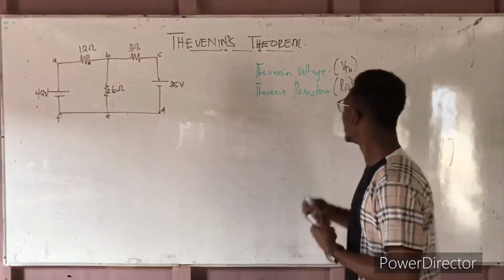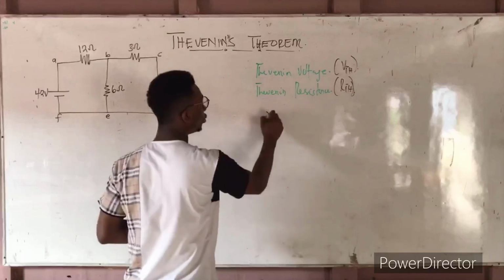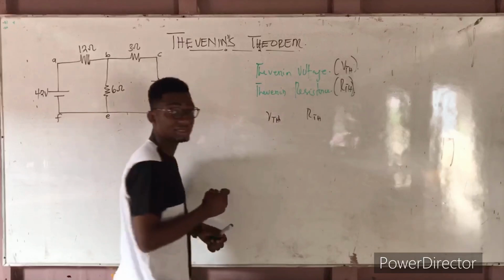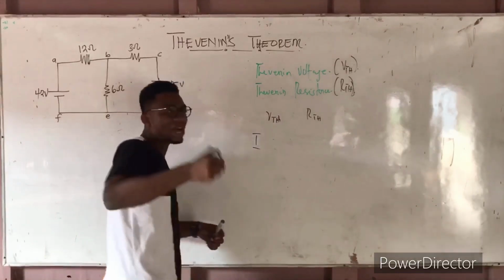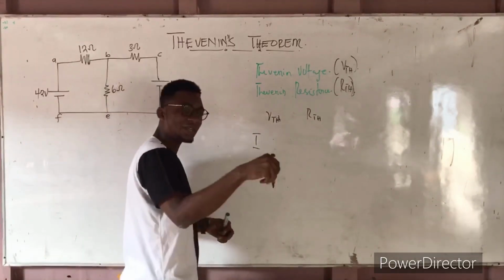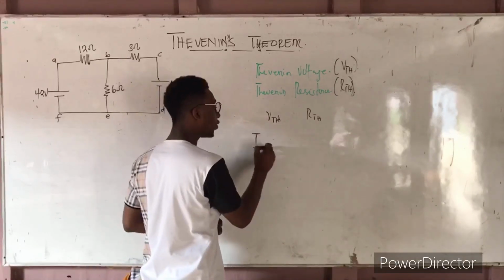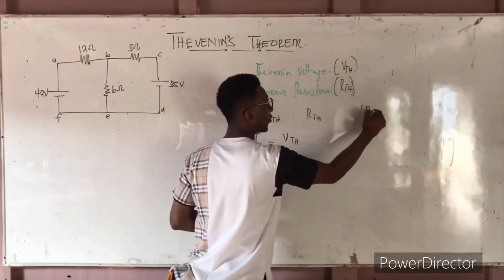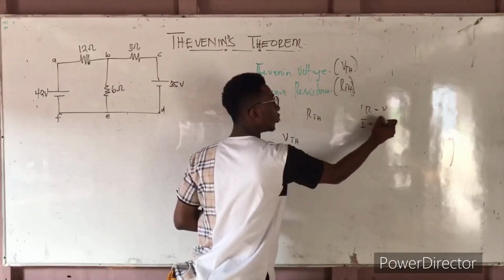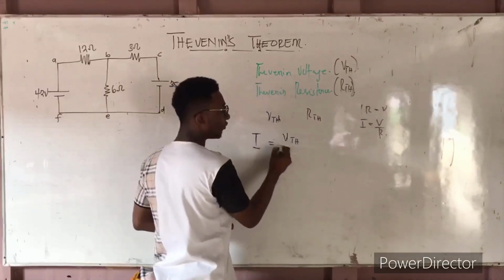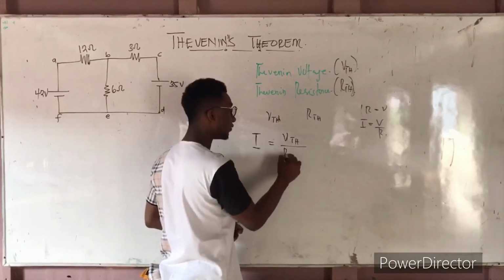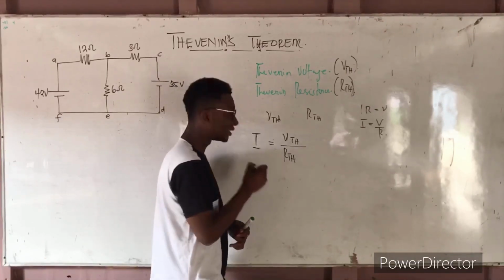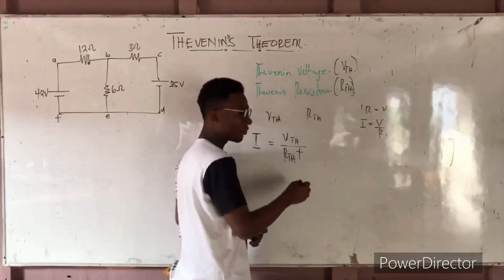So when you are able to calculate your Thevenin voltage, and also your Thevenin resistance, you can find the current within that particular resistor, and that current will obviously follow Ohm's law, which is IR equals V. So therefore, I equals V over R. So we need the Thevenin voltage divided by the Thevenin resistance plus the resistance of that particular resistor.